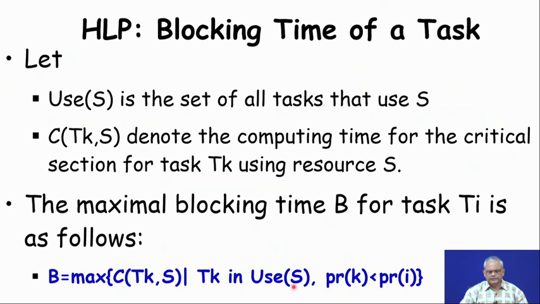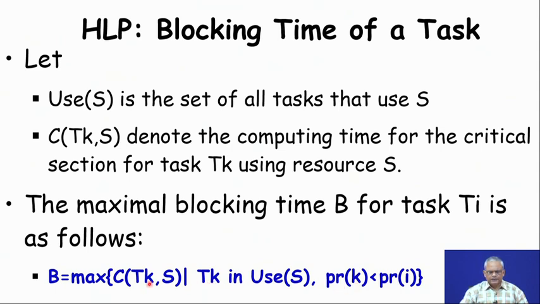What it really means is that if we are trying to compute the maximum blocking time for a task Ti, which does not need the resource, we find all the lower priority tasks, that is, Pk, the priority of k.